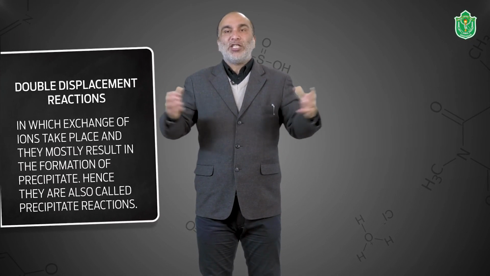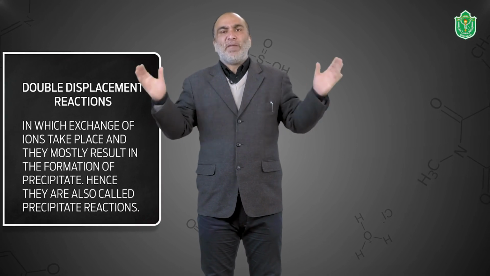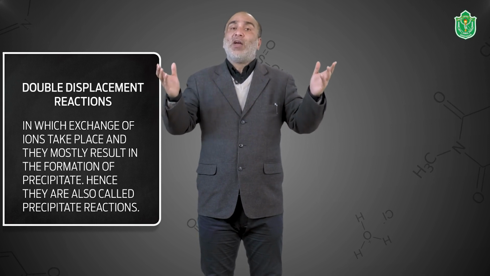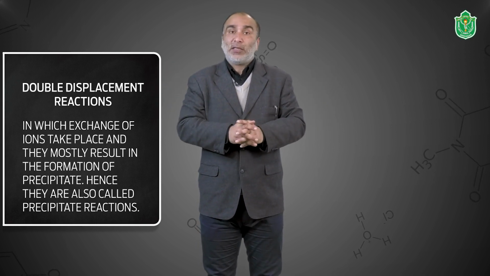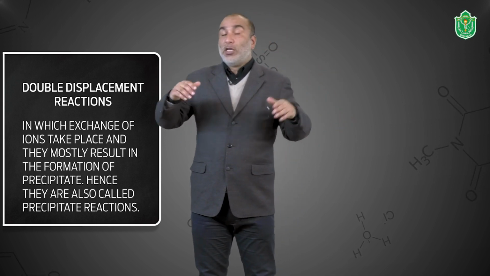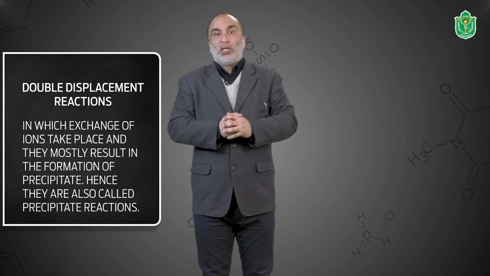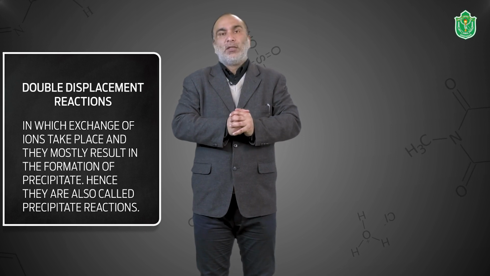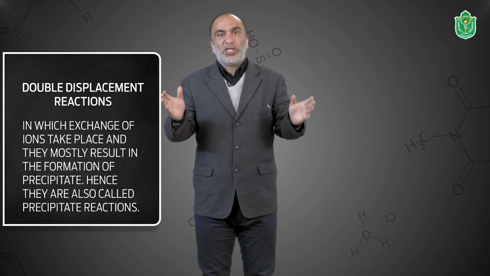So double displacement reactions are simply referred to as those reactions in which exchange of ions takes place, and these double displacement reactions mostly result in the formation of precipitates. Hence, they're also called precipitation reactions.